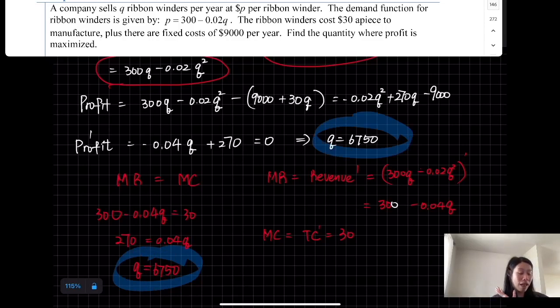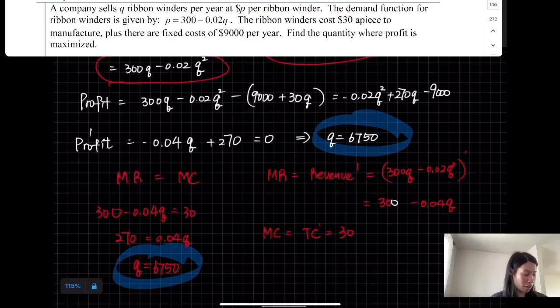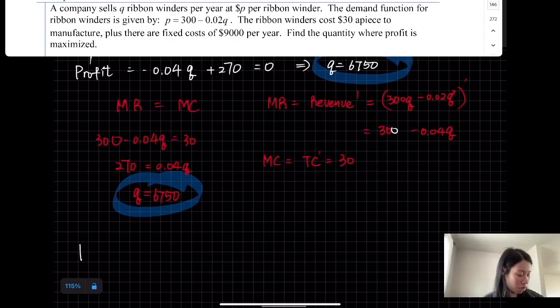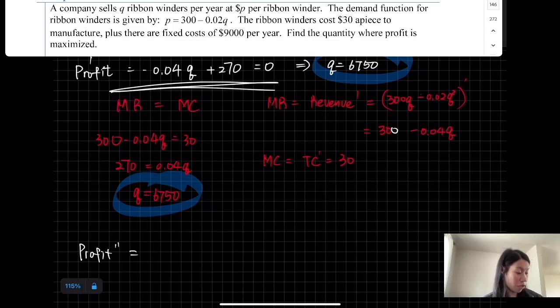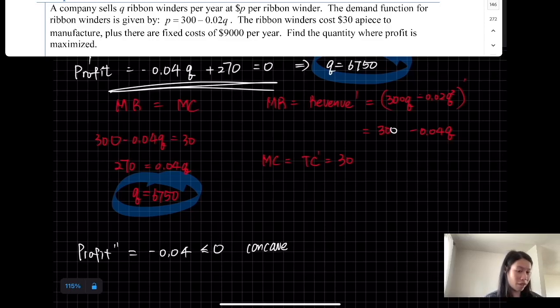Again, now we know that this is the critical point, but you're not sure if this is a maximum or minimum, so I still need to check. Use the second derivative. For the profit, the first derivative is here. The second derivative is equal to negative 0.04, which is always less than 0. If it's a negative number, that means this is going to be concave down.